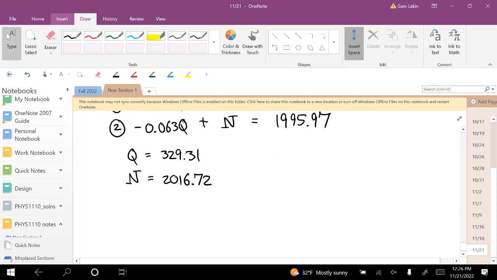And now finally, the couple that's required is equal to Q times R. R is 0.01 meters, so this couple is 3.29 Newton meters.